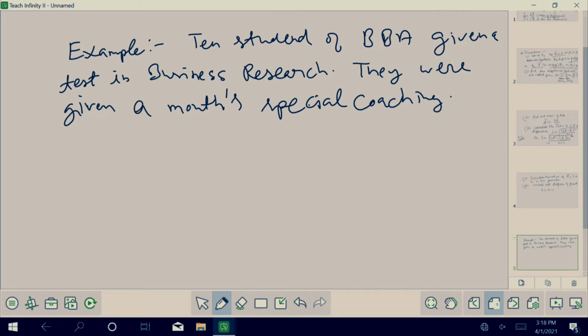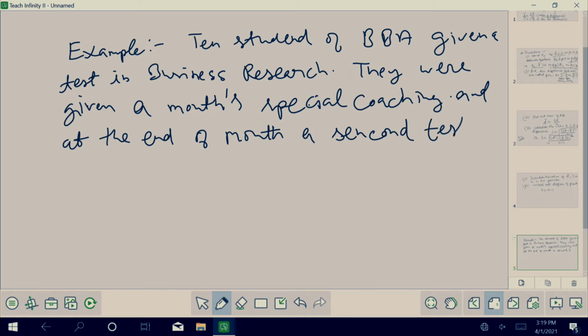At the end of the month, a second test was conducted. So you can see there are two tests.